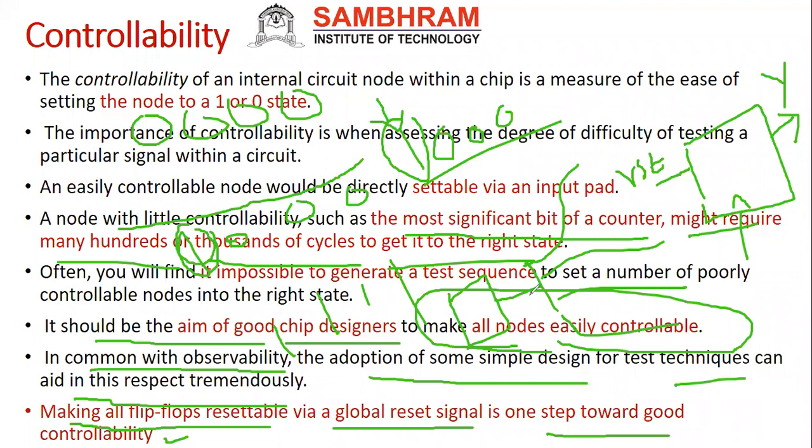That is normally what we will do. Before we do anything, we must reset it first. That is why, if we are going to design any counter, first we need to reset the counter. Then only the counter will start to count, right? Then we can observe the output. That has to be done with the help of controllability.